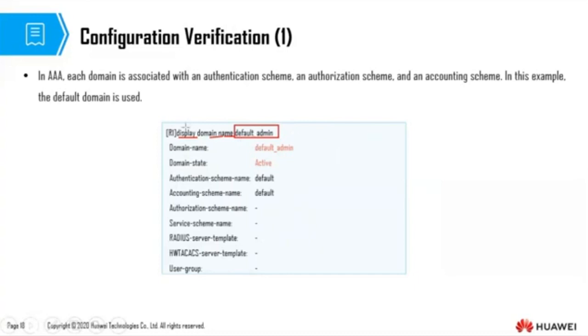So the command again is display domain name, then the name of the domain. So you'll see information such as the domain name, the domain state, whether it's active or inactive, the authentication scheme that it's using, authorization scheme, accounting scheme that it is using.